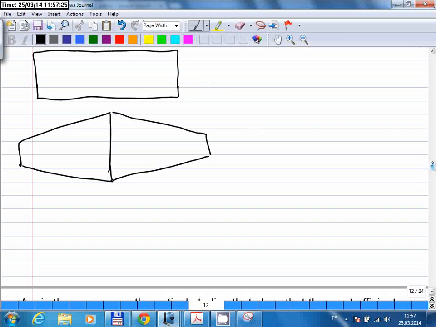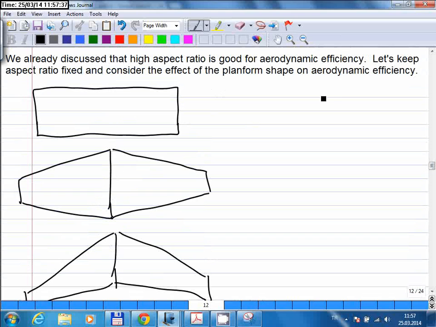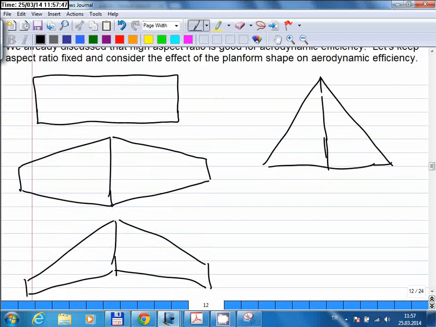You can have a high sweep wing, something like this. Or you can have a delta wing. You can have a compound wing, right?